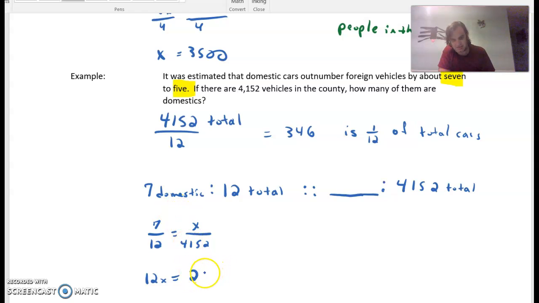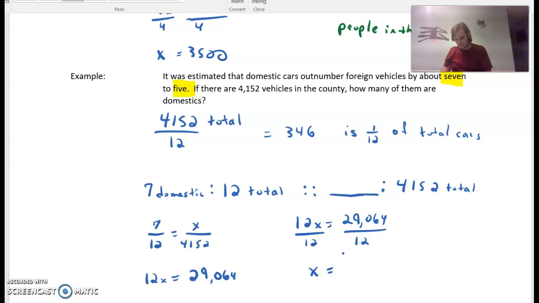Got a big number here. 7 times 4,152 is 29,064. So if I divide both of those by 12, let's see what I get here. Divided by 12, I get 2,422, which is the number of domestic cars we'd be expecting.